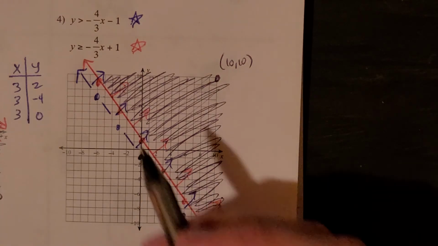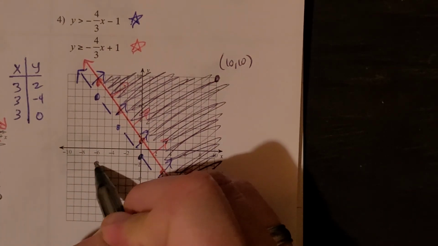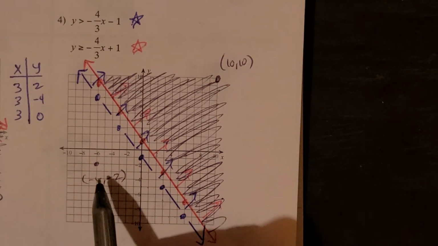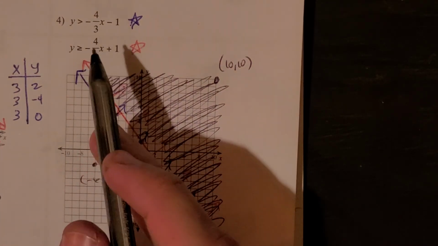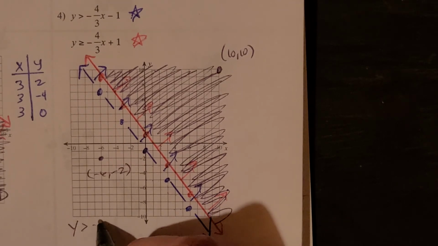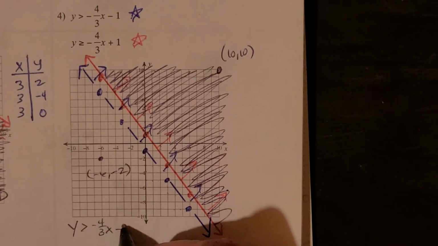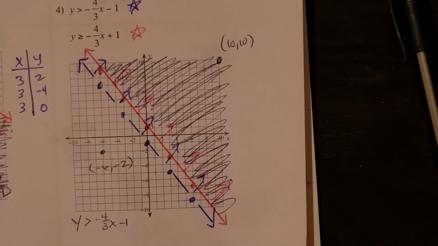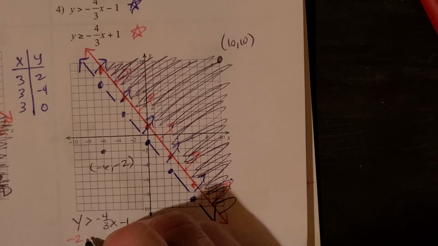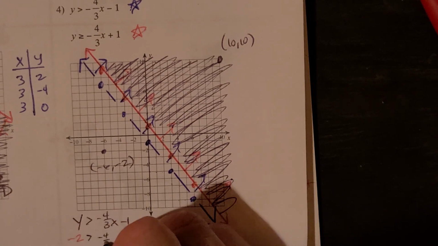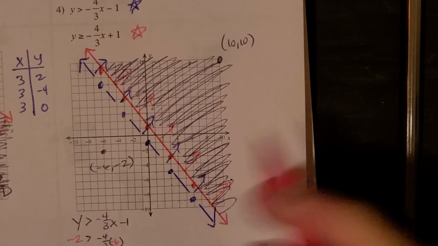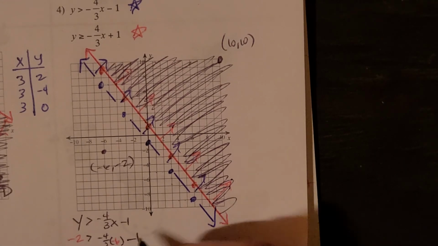On the contrary, if I were to take a point like this one, (-6, -2), just for fun, I'm going to plug this one into one of these. Let's plug it into the top one. y is greater than -4/3 x minus 1. And I'm going to plug in -2 for y, greater than -4/3 times -6 for x, minus 1.